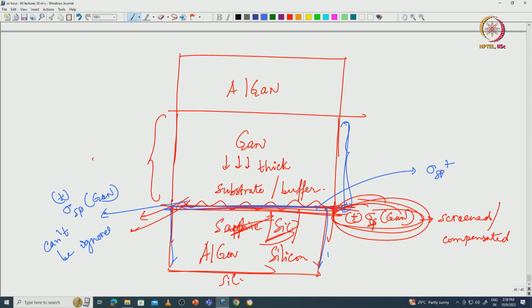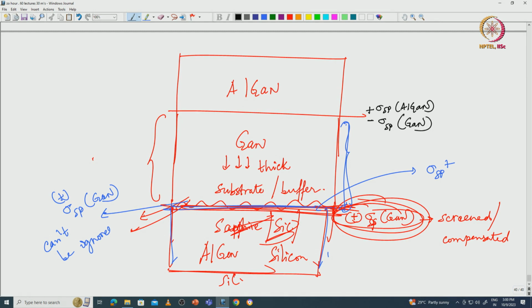Which means the main components of charge are these. At this interface you have a negative spontaneous polarization of gallium nitride, and a positive spontaneous polarization of aluminum gallium nitride, which is larger in magnitude than the negative of the gallium nitride. Why?